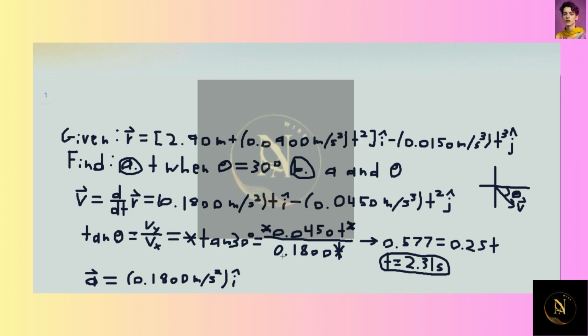Now let's look at the y component. For the y component, I have a t squared here. Take the derivative, that becomes 2t, multiplied by the coefficient out in front.